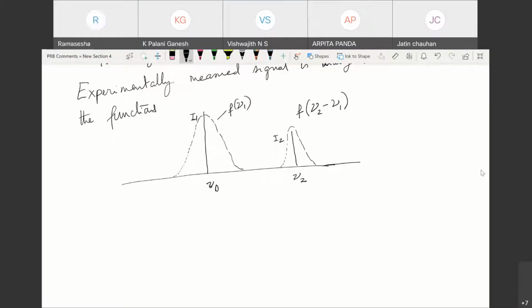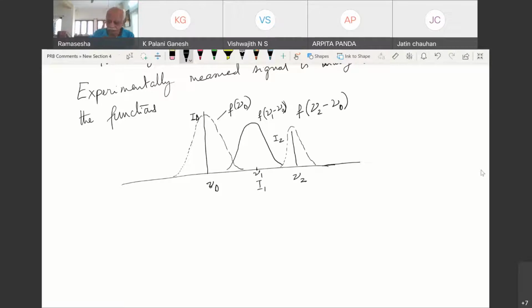Then what happens is, let me take the intensity to be... So this is at I1, and this is going to be nu1 minus nu0. The first function is centered around nu0, so that way, okay, f of nu0, and all the other functions are centered around nu2 and so forth.